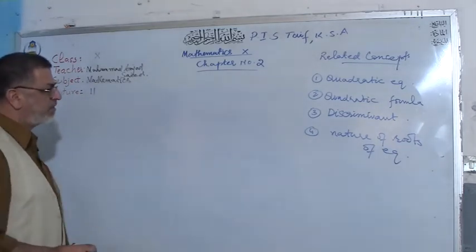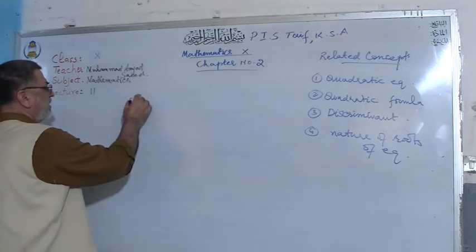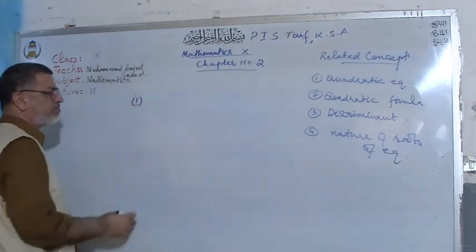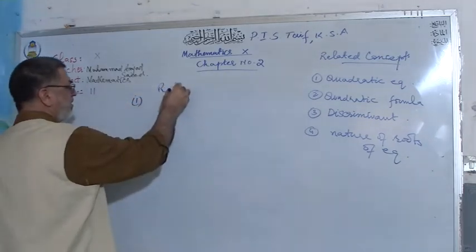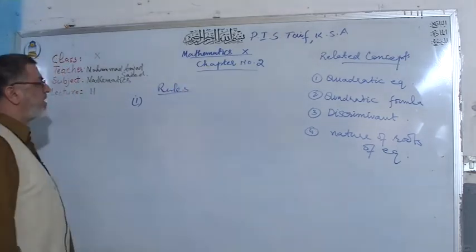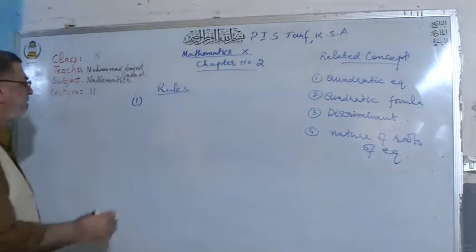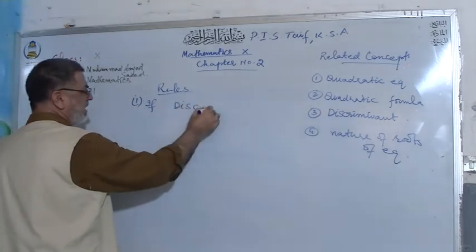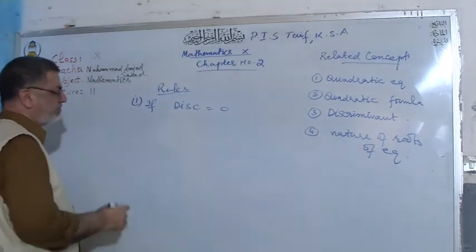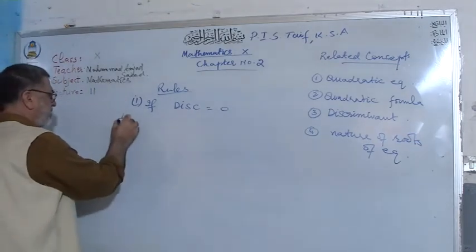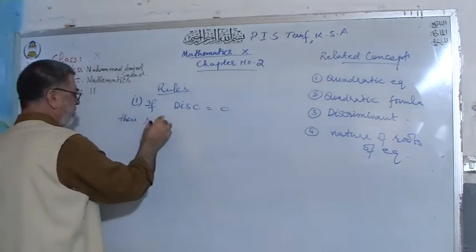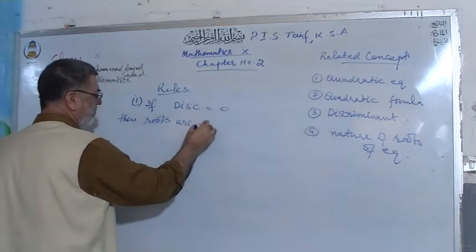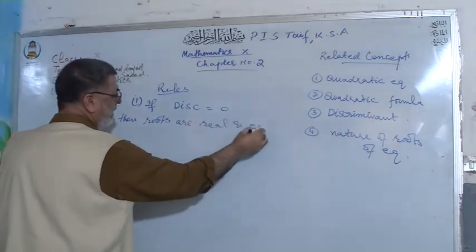Number 1, what are the rules for the nature of roots of equation? Number 1 is, if disc is equal to 0, then roots are real and equal.